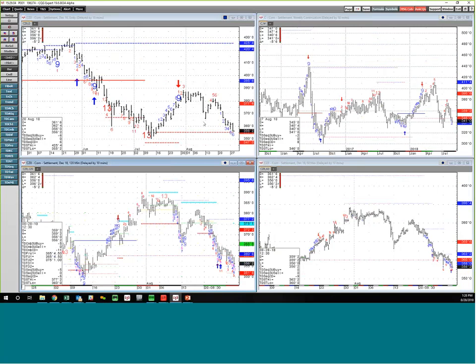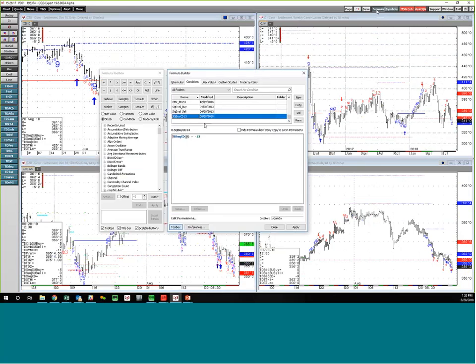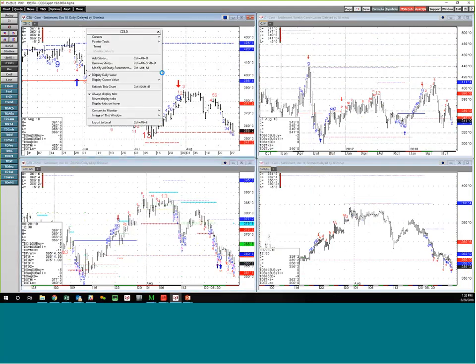But also within CQG, I can do a lot of things in terms of establishing different conditions that I'm looking for. So I can use the CQG formula builder, and I can create conditions with DeMark. So say I wanted to create conditions for a sequential buy countdown 13. If I have the CQG formula builder open, I can quickly create a condition that I can then use to mark spots on my chart where something that I'm looking for is occurring.